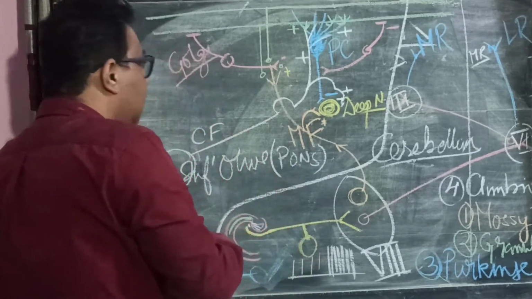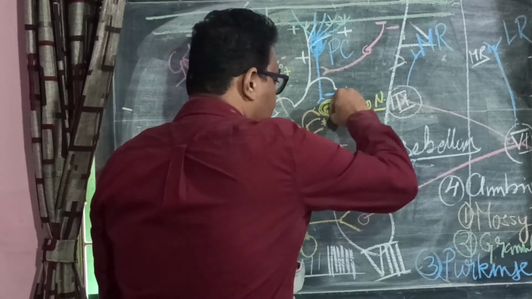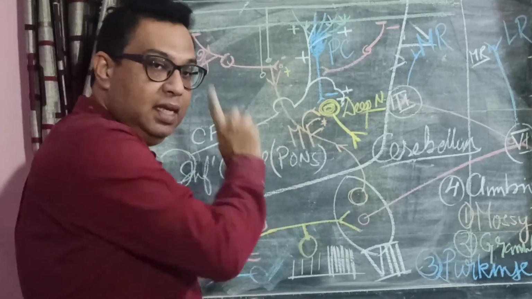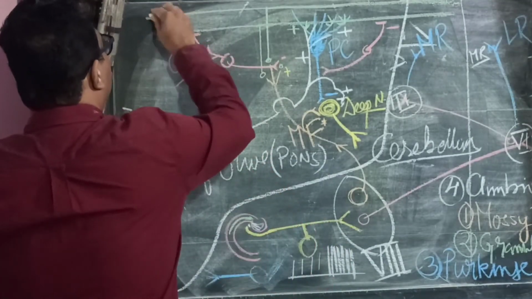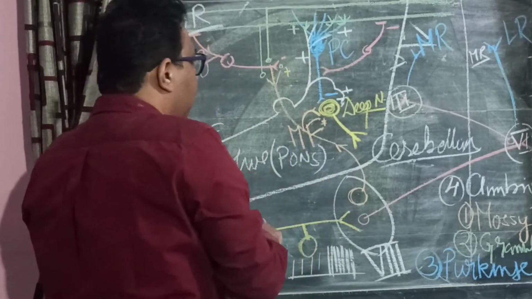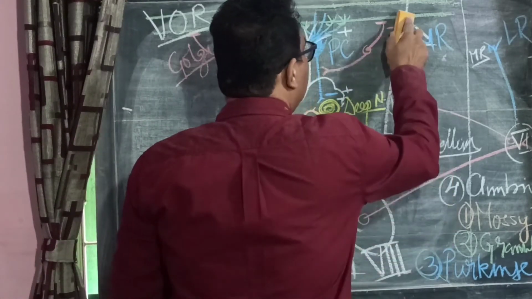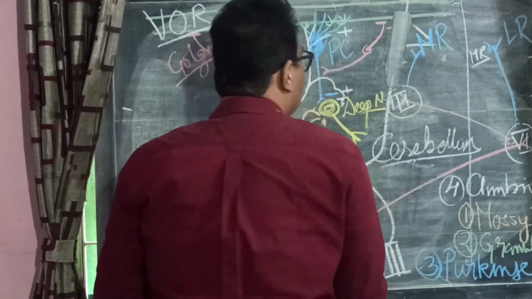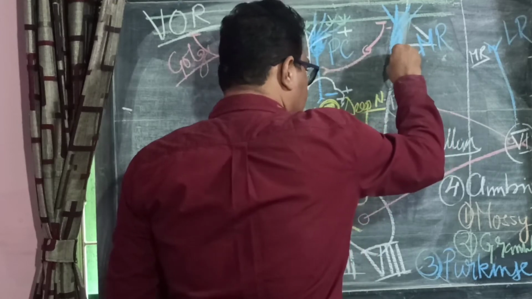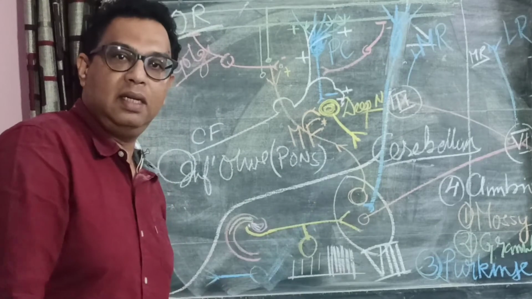Now, most interestingly, almost all the output of the cerebellum is through the output of the deep nuclei. But here, in this case, where we are studying VOR, the Purkinje cell, let's draw another Purkinje cell here, will directly go and inhibit the nuclei.